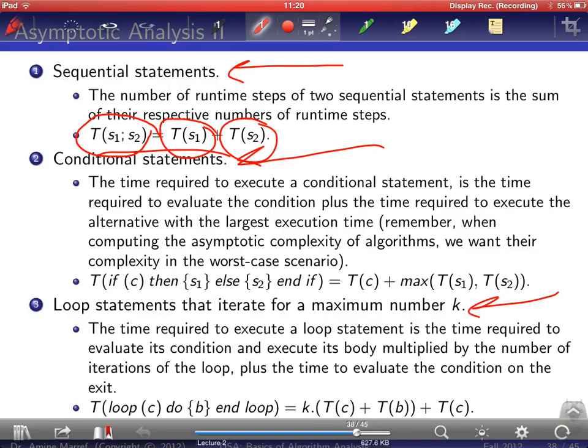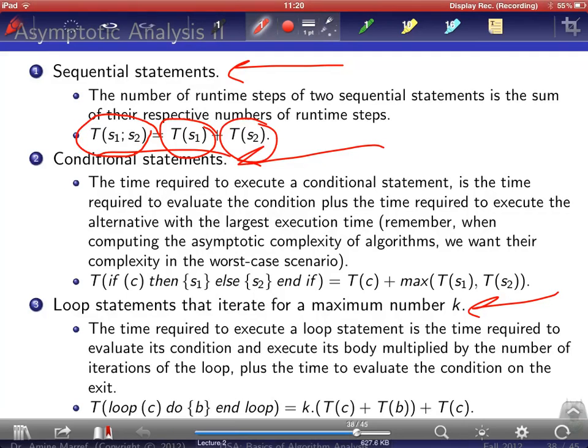So the number of steps here is the time to evaluate the condition, TC, and then we take the max of this part and this part. So this is T of S1, and this is T of S2. T of S1 and T of S2, and we take the maximum.